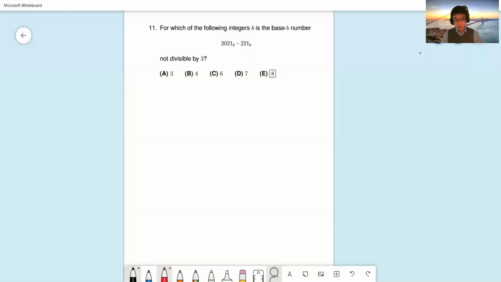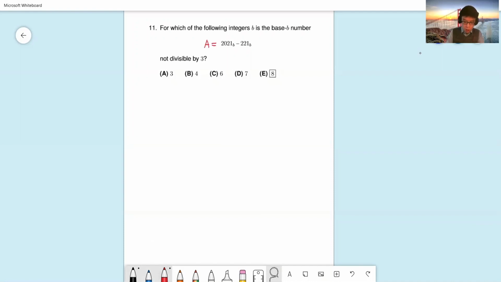Question 11. For which of the following integers b is the base b number expressed here not divisible by 3? So let's first simplify the number here. Let me call this number a. And we know the last two digits are the same, so basically they cancel each other.